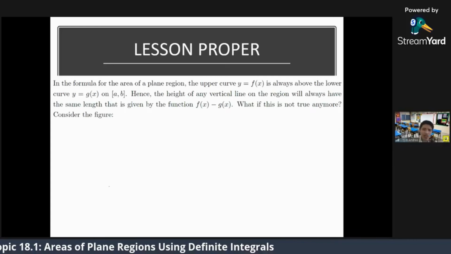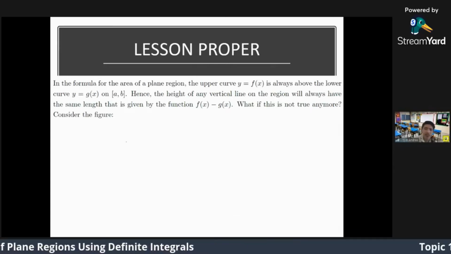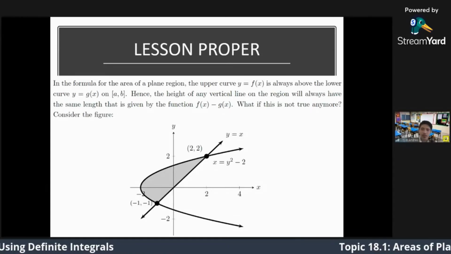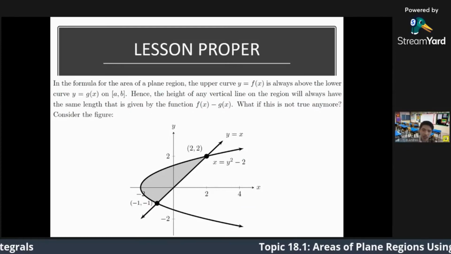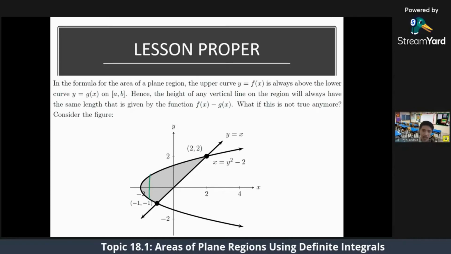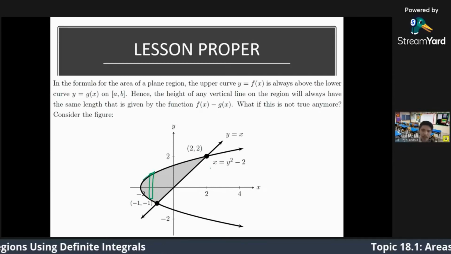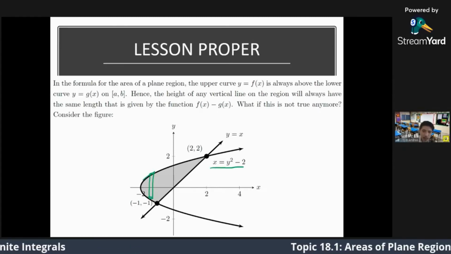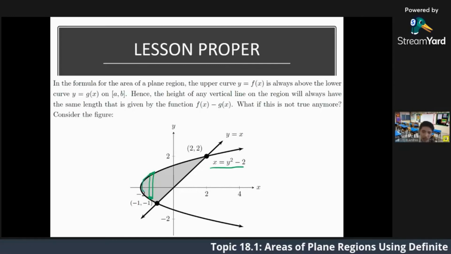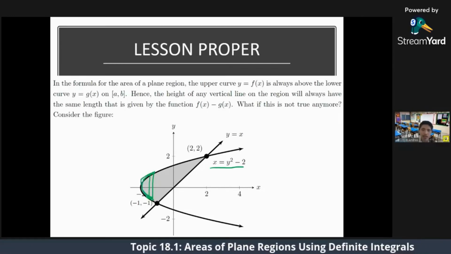Another one is what if this time ingani atong itsura sa graph. Kung diri ta magbuhat og strip nga rectangle, ang atong upper function is kaning parabola. Atong lower function same ang parabola gyapon siya, sa parabola gyapon siya ni touch.